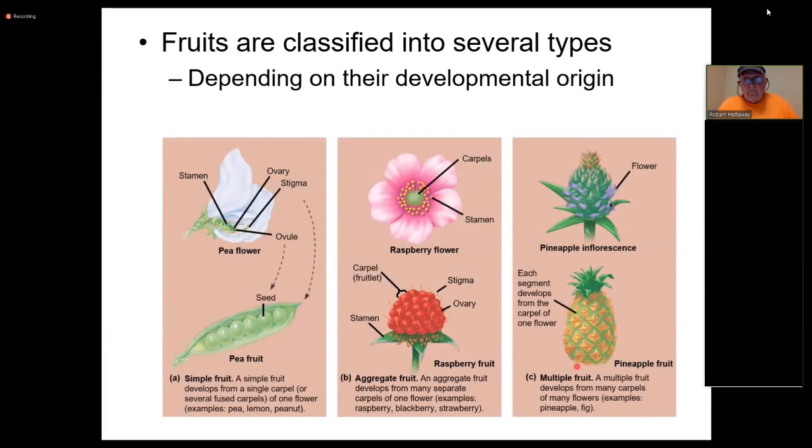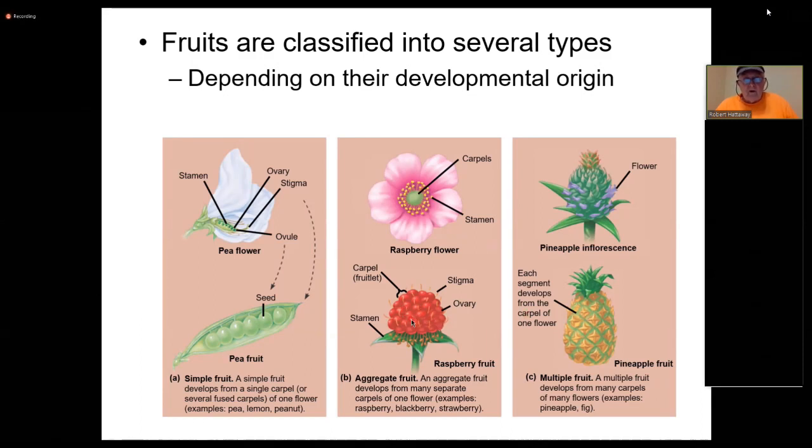Pineapple shows pretty well. Here's the flower of pineapple. Here's the fruit. All of these, separate but in a tight cluster, are all part of that. Each was one ovary in a separate flower, but in fruit they're fused together. Over here, in the blackberry or raspberry, related to blackberry, these are like drupelets, little ovaries in one flower.